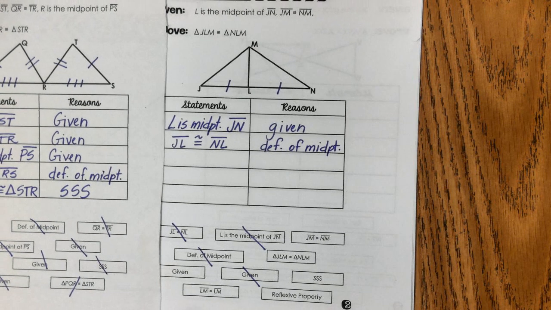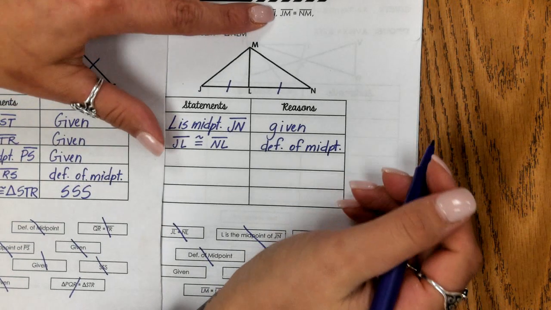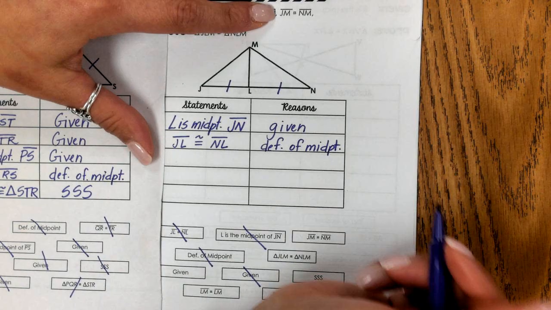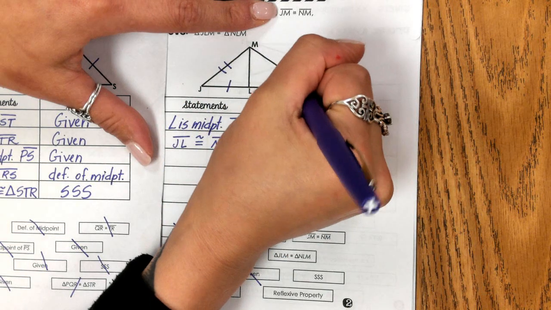Alright, what is the next given information at the top? What does it say? JM is congruent to NM.